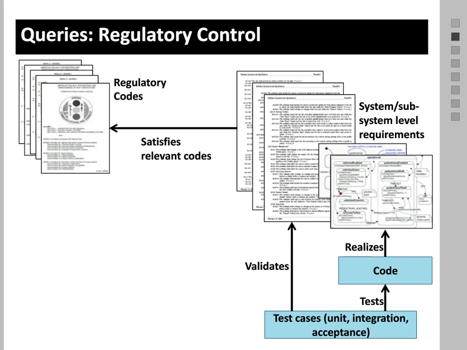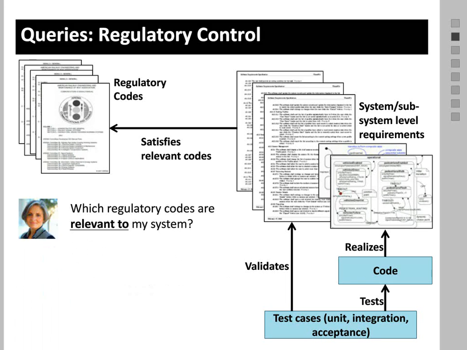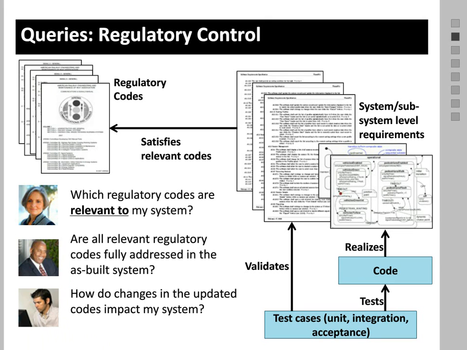So first of all, let's take a look at what kind of queries we might like to ask that will provide the data that we need in order to gain this project intelligence. I'm going to give a few examples of these. In the area of regulatory code, we may want to ask questions such as which regulatory codes are relevant to my system. So we have regulatory codes, we have requirements, code, test cases, and we want to know which of all the thousands of regulatory codes in some systems engineering projects impact our system.